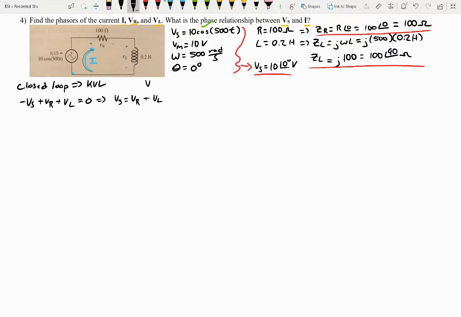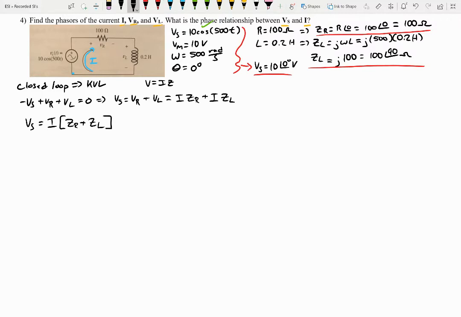And we know from our Ohm's law that V is equal to IZ. So we can say that, replacing, because it's the same I in this current, I Z of R plus I Z of L. So now we can simplify it down and say V of S is equal to I, open this bracket here, Z of R plus Z of L, and we'll close that bracket off.